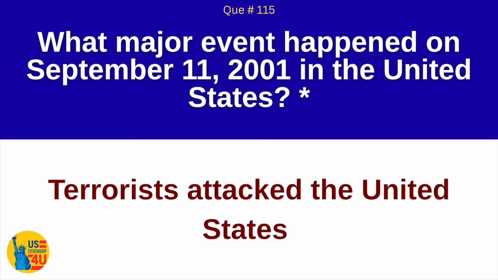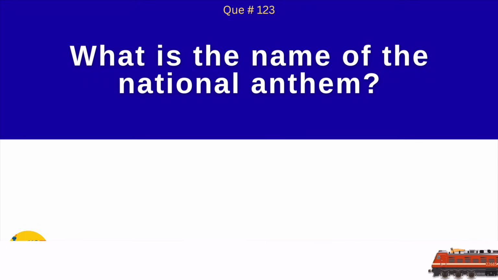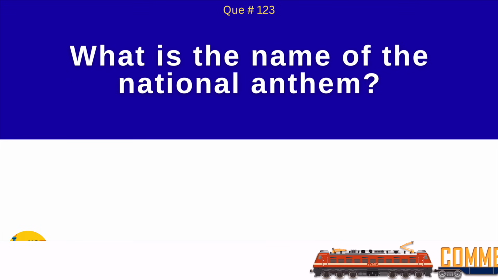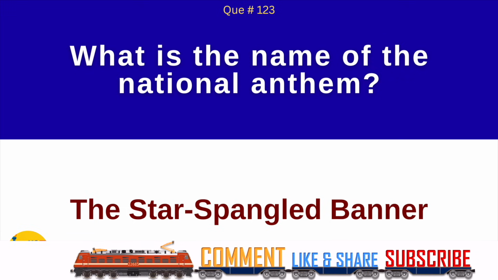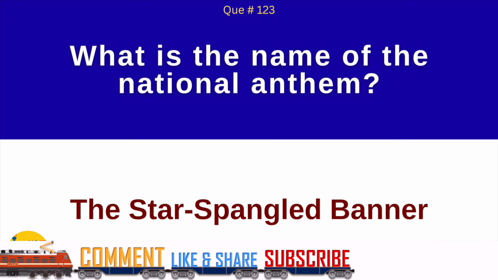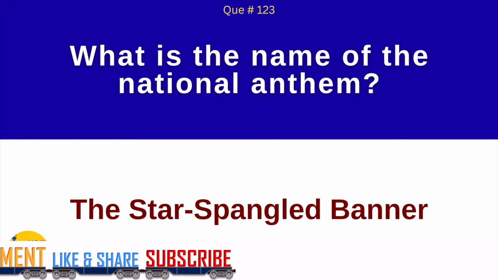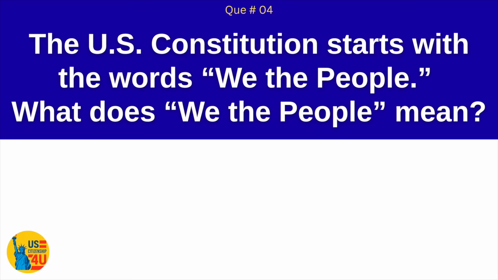Terrorists attacked the United States. What is the name of the national anthem? The Star-Spangled Banner. The U.S. Constitution starts with the words, "We the people." What does "we the people" mean?